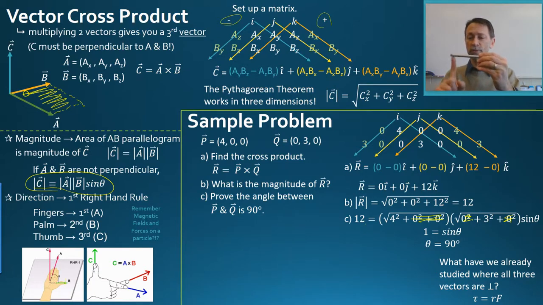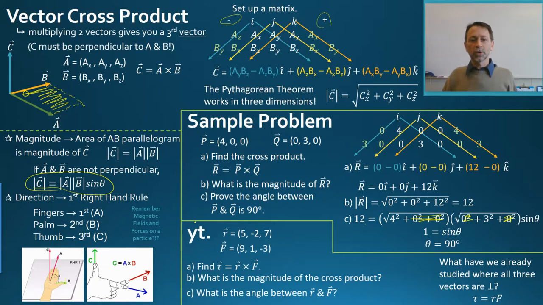So I have my force this way, my radius this way, and then the torque is out of the object. If I'm pushing this way, then it's either going to be towards me or towards the screen. That's the direction the torque would have, and that's what we studied previously. The next thing we'll study that has that is angular momentum, where we'll talk about the angular momentum of an object, and it will also be a vector cross product.